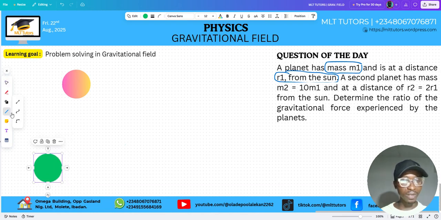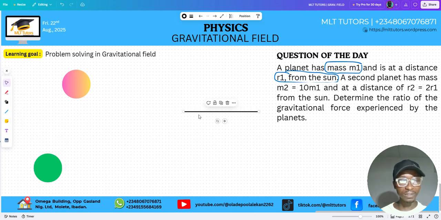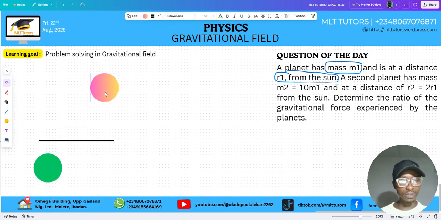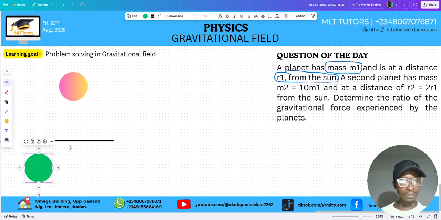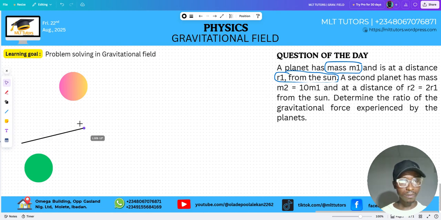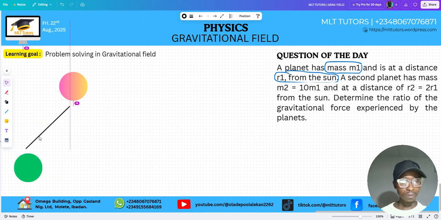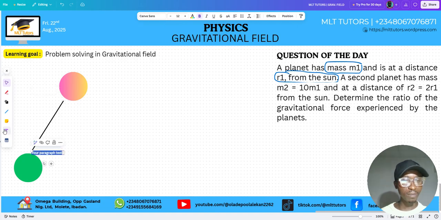Then let's draw a line to represent the distance between the Sun and our planet. Let's put this here because of space. Okay, that's cool. Let's name them. We have the Sun.